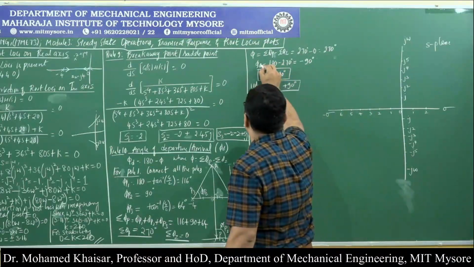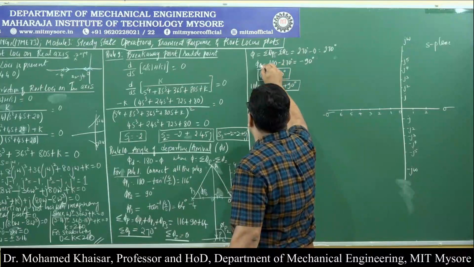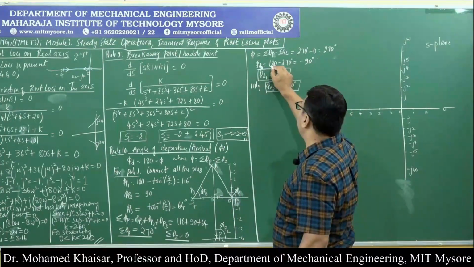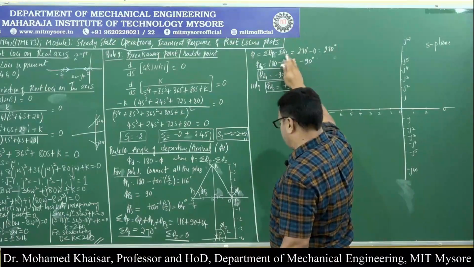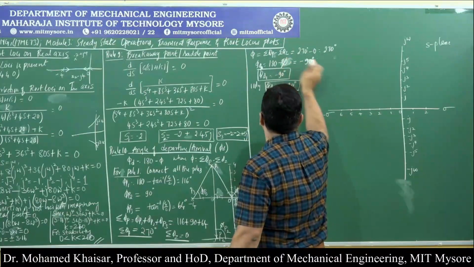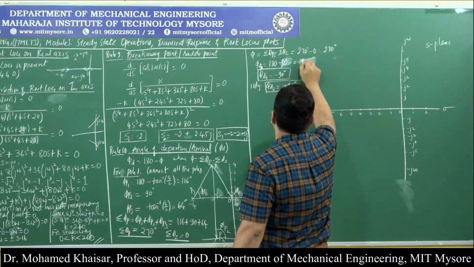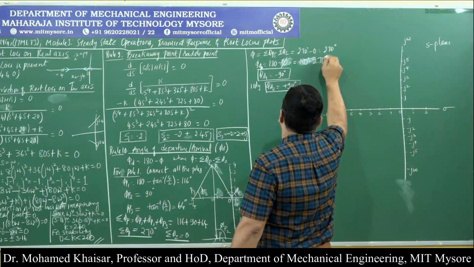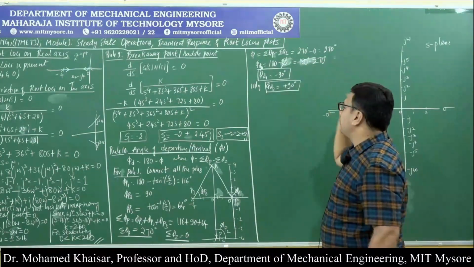Therefore phi d for pole A, the angle of departure, is given by 180 degree minus 270 degree, which is minus 90 degree.